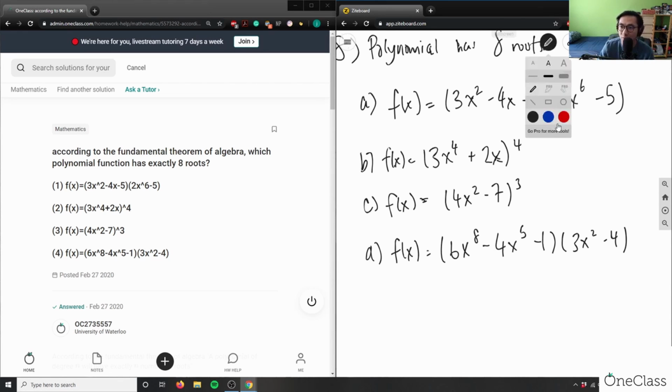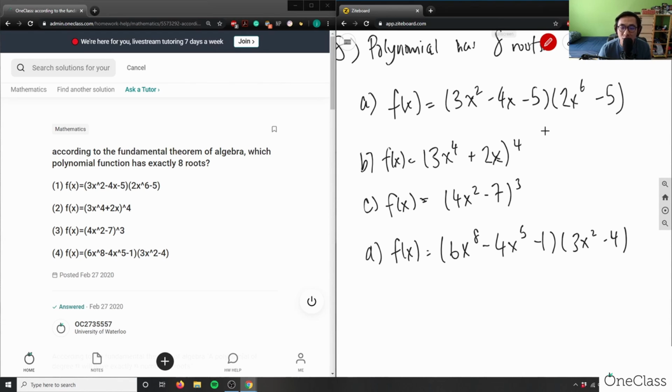So let's look at the first function here. I have 3x squared times 3x squared minus 4x minus 5 times 2x to the power of 6 minus 5. Let me expand this. I could FOIL this, and I could expand this in terms of one long polynomial.